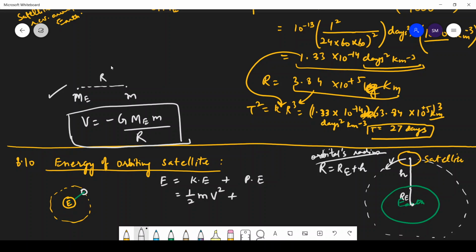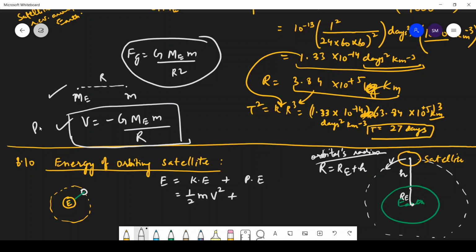Is it okay? And how much is the gravitational force acting between them? That is equal to G ME m upon R squared, and it gives the potential energy of this system. So the potential energy is minus G ME into m, the mass of the satellite, divided by R. What is this R?